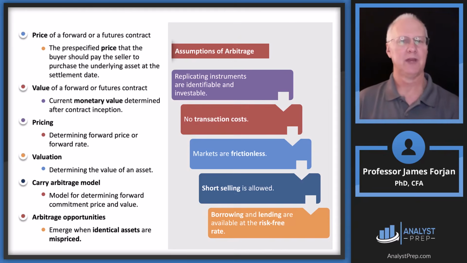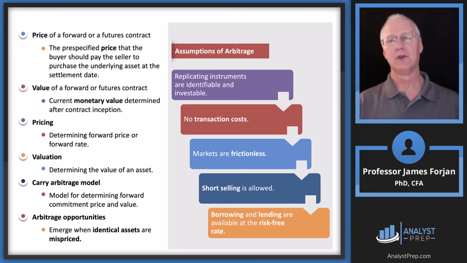Let's see, down the left-hand side of the embedded bullet points, let's look at some terminology. So here's that first distinction I was talking about just a few moments ago. The price of a forward or a futures contract is that pre-specified price that the buyer should pay the seller.